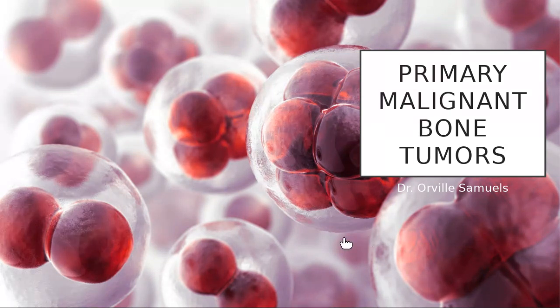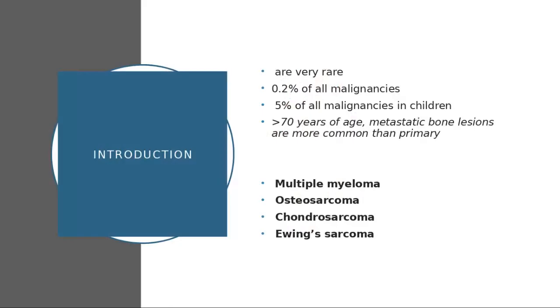All right, so let's get started. Primary malignant bone tumors. Fortunately, there are not a lot of tumors in bones, and it's not very common to have tumors arising primarily from bone. As I said, very rare, less than 1% of all malignancies.